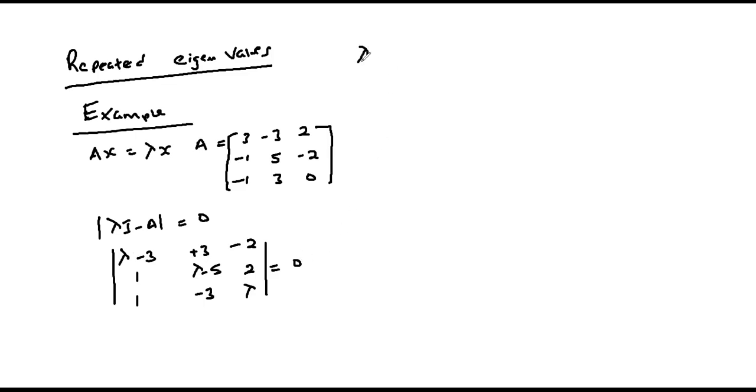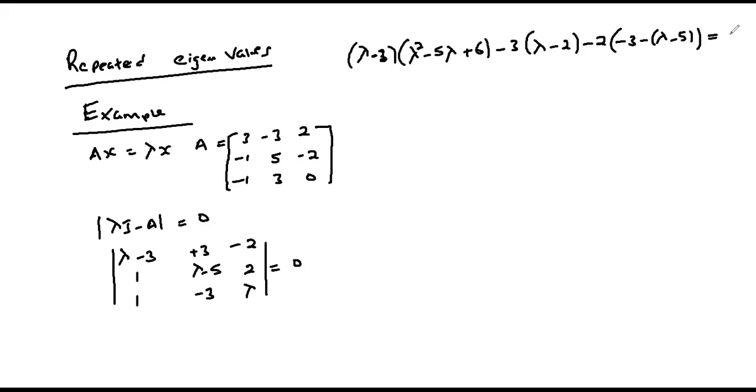This will lead to lambda minus 3 into lambda squared minus 5 lambda plus 6, minus 3 into lambda minus 2, minus 2 into minus 3 minus lambda minus 5, equals 0.